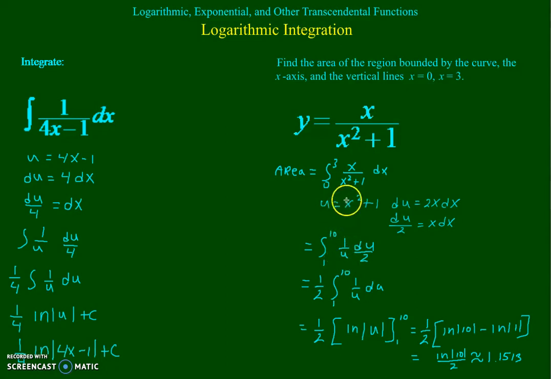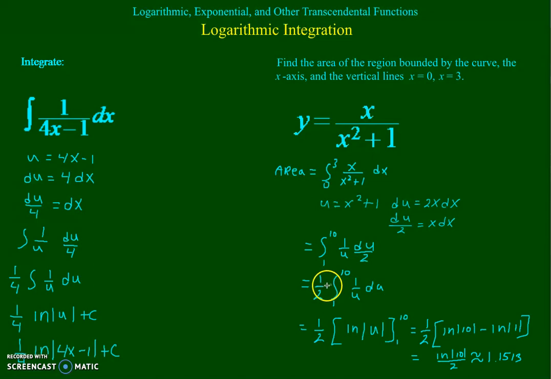When x is 0, u is 1. When x is 3, 3 squared is 9 plus 1 is 10. So our upper limit is 10. You have to remember to change your limits of integration.